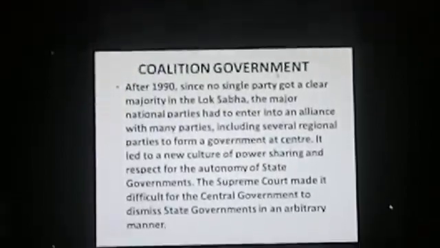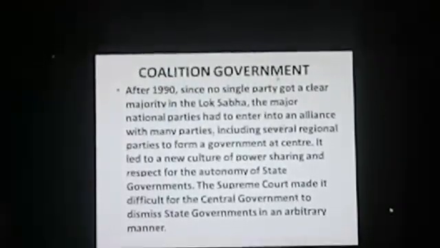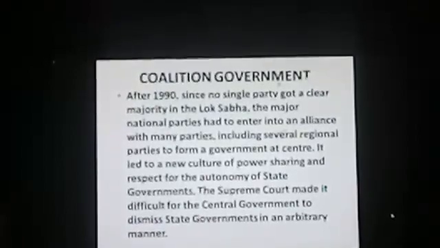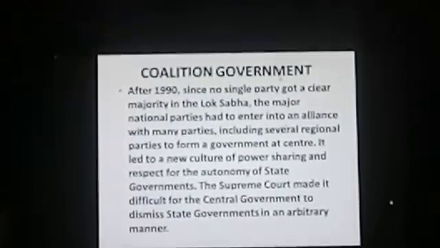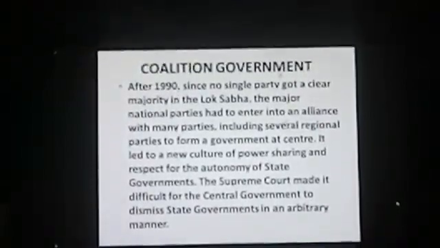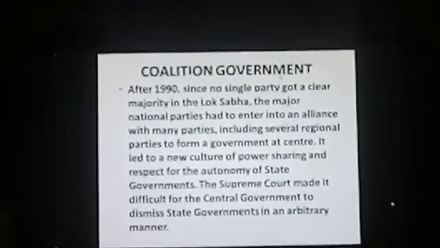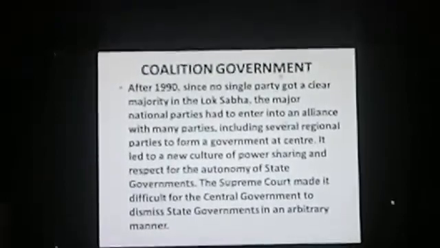After 1990, since no single party got a clear majority in the Lok Sabha, the national parties had to enter into an alliance with many parties, including several regional parties, to form a government at the center. It led to a new culture of power sharing and respect for the autonomy of state governments.